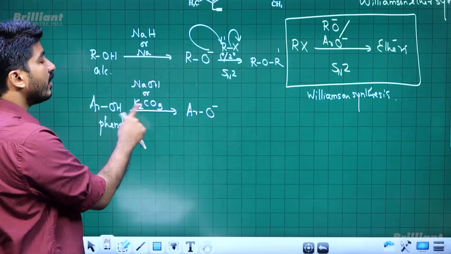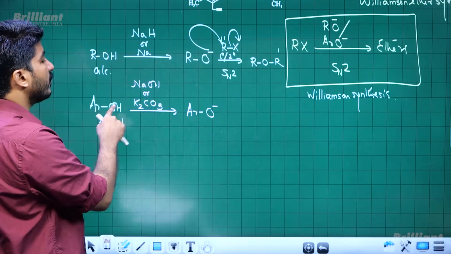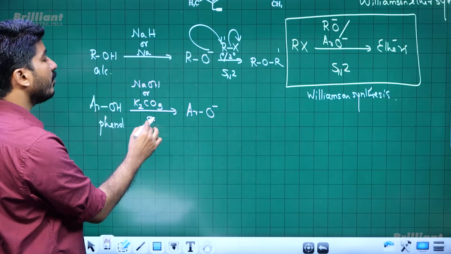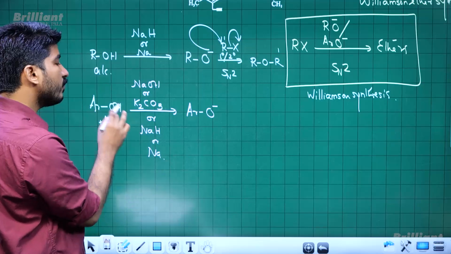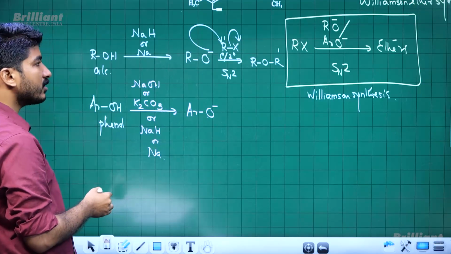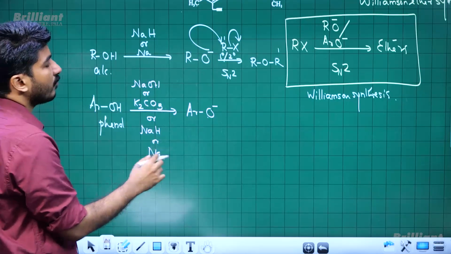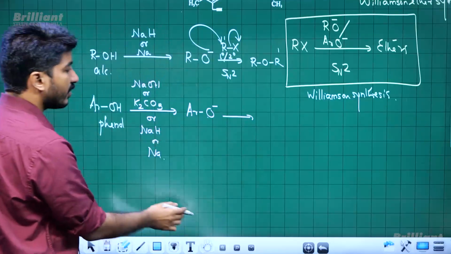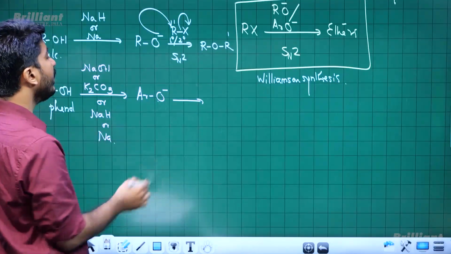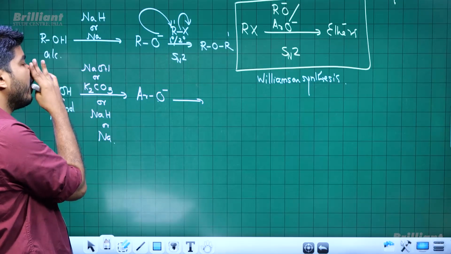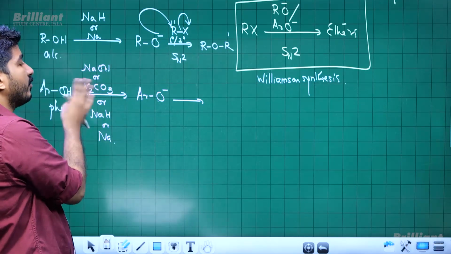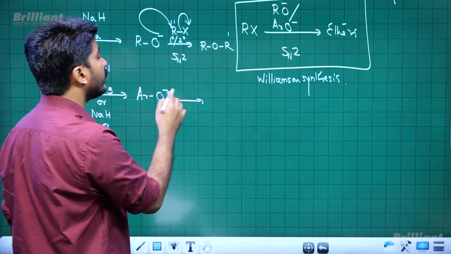Weak bases can also remove H plus from phenol. Of course we can use sodium hydride or sodium metal, they will also give the corresponding phenoxide, but why use such strong bases for this simple reaction? So in the case of phenols, we will usually take either aqueous NaOH or aqueous K2CO3 for the phenoxide formation.